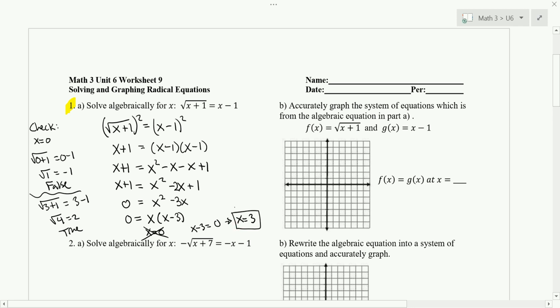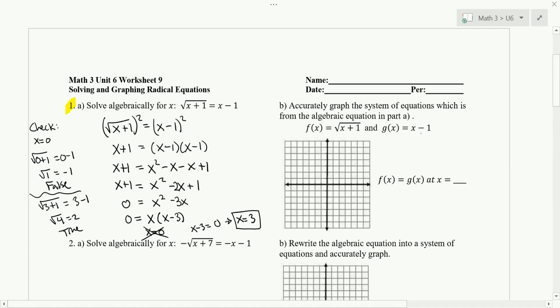Part B asks to accurately graph the system of equations, which is from the algebraic equation in part A. What we've done is take the left side of the equation and make that f of x, and take the right side of the equation and make that g of x. These functions should cross at x equals 3, our solution from part A. I'm going to first graph g of x.